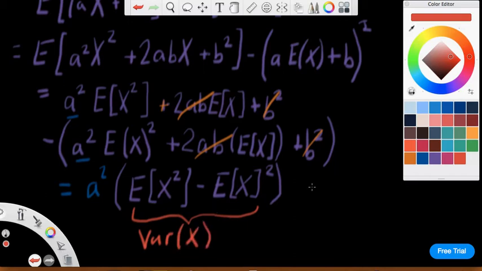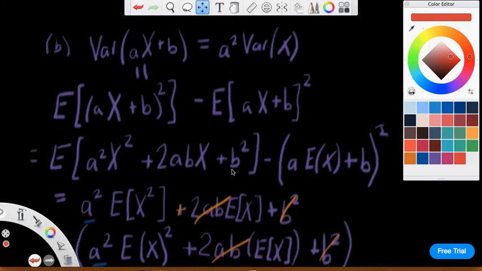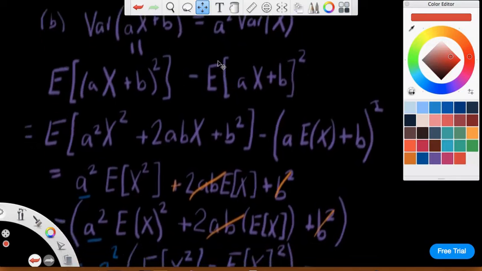We have shown that, remember, all of this, starting way up here, was a variance of ax plus b. Come back down.